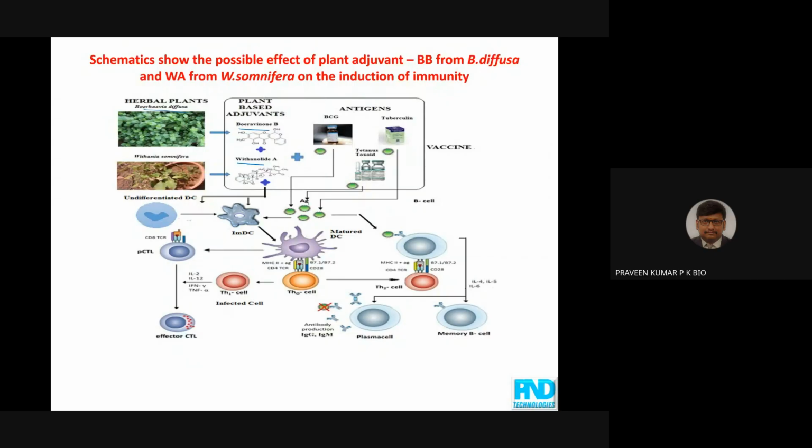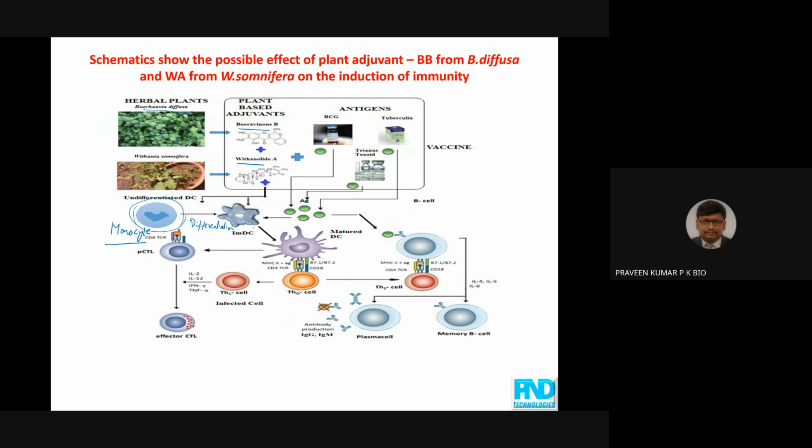We tried to check whether the plant-based compounds can help in developing the immature dendritic cell, which I told you we have to develop from monocyte. From monocyte, immature dendritic cells are developed; this process of development we call differentiation of monocytes to immature dendritic cells.